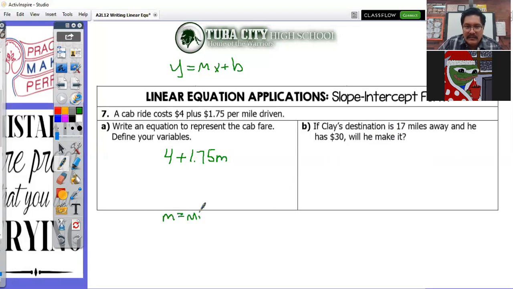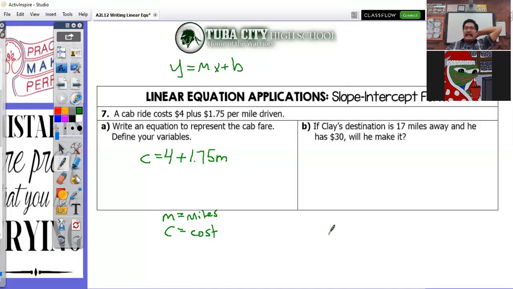M equals miles. And I could put C for cost. C is the cost of riding in the car. And that's it. There we go. It just says to write the equation for the cab fare and define the variables, which we did.